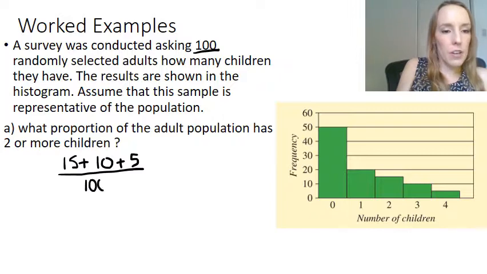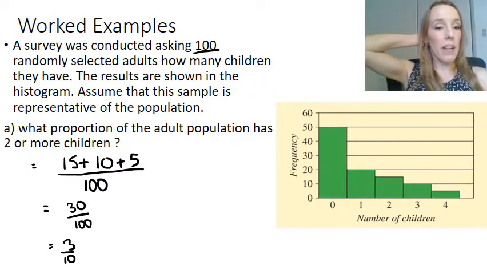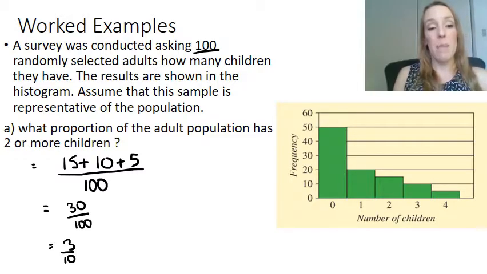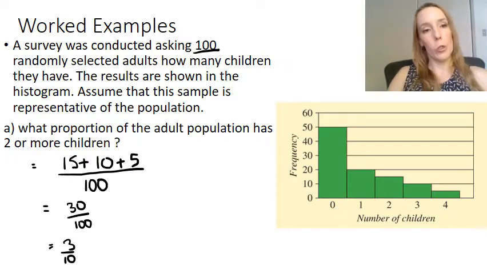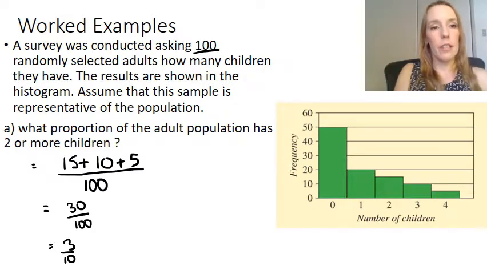So 15 plus 10 plus 5 gives 30 over 100, and we can simplify that fraction to 3 out of 10. So about 3 out of 10, or 30%. 3 in every 10 adults we would assume have 2 or more children. It's a lot of children.